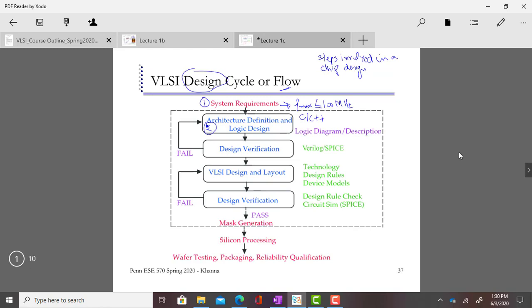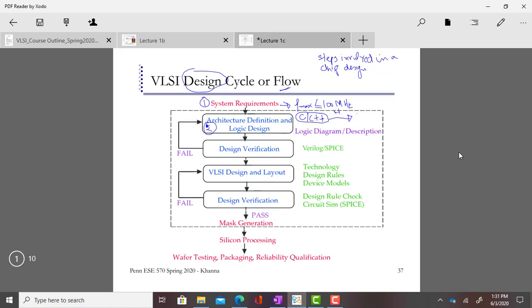So for example, this may be an FIR filter. I think you have taken a digital signal processing course, so maybe you have a code for an FIR filter and you want to design a chip for implementing this FIR filter. So your starting point may be C or C++.